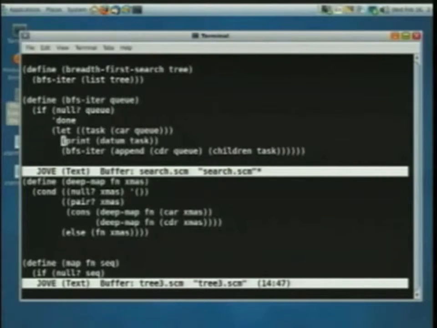Okay? Why would we ever want to use breadth first? The answer, broadly speaking, is about searching of some space of possibilities. And the canonical example is I'm writing a program to play chess.